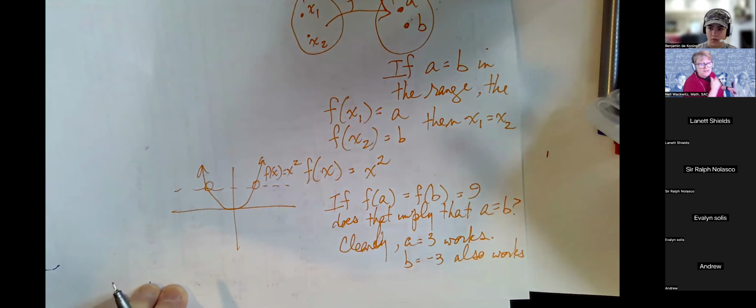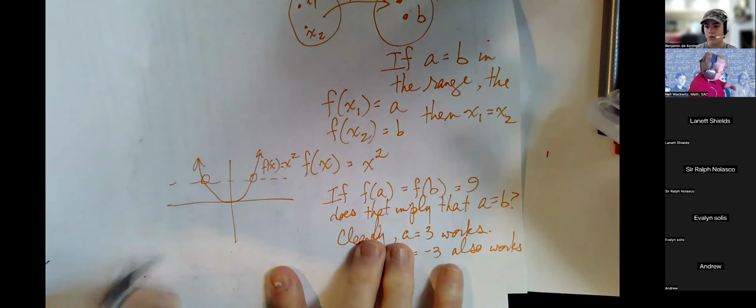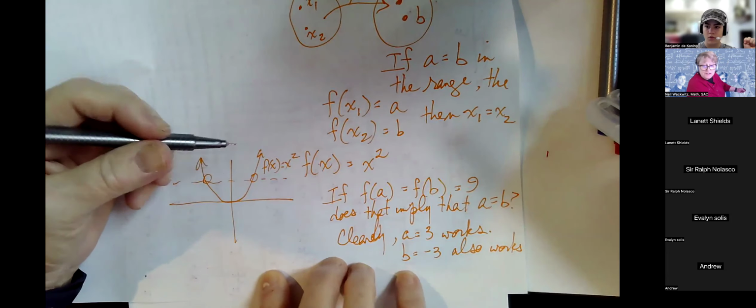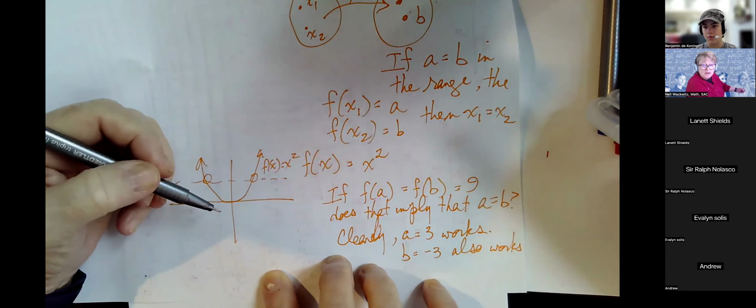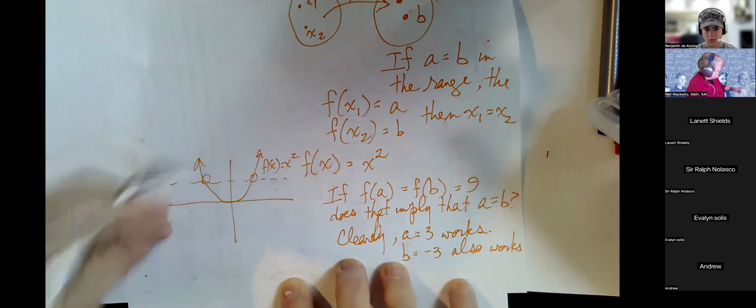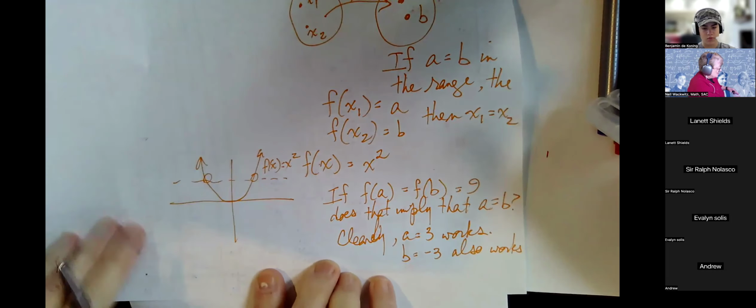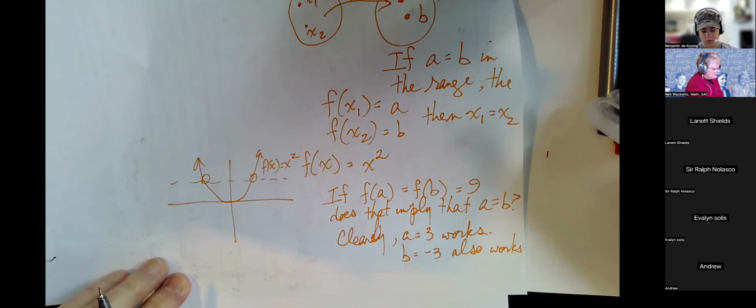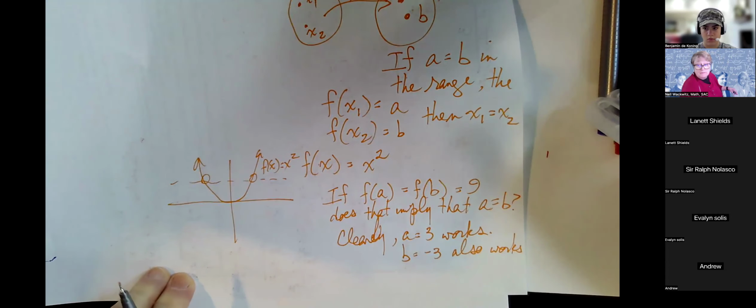So what we're going to do, and we're going to do this a whole lot in trig, is restrict the domain of this function so that it is 1-to-1. Well, if I had to cut this domain in half, what would be an obvious place to cut it? Straight down the y-axis.